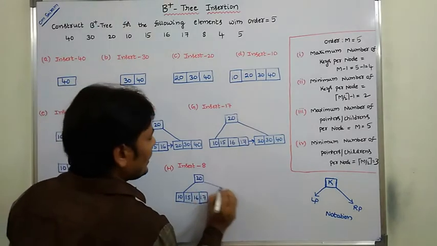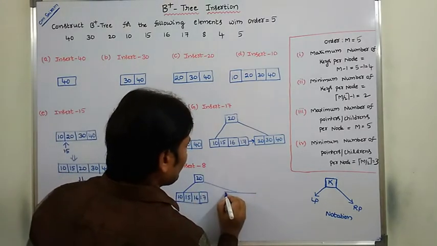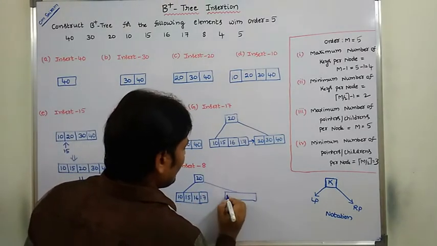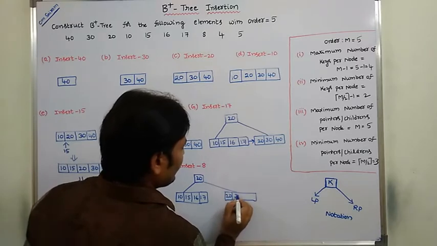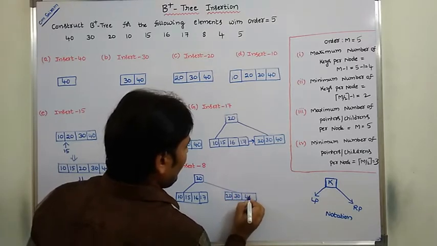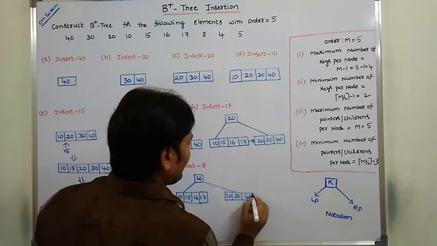Next, 20's right child is 20, 30 and 40. Okay.